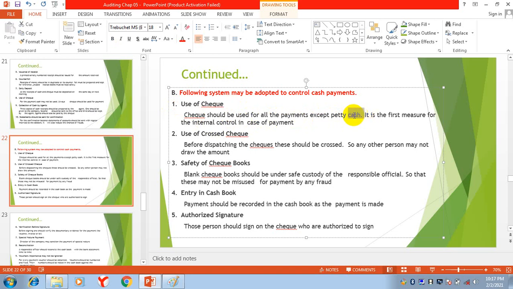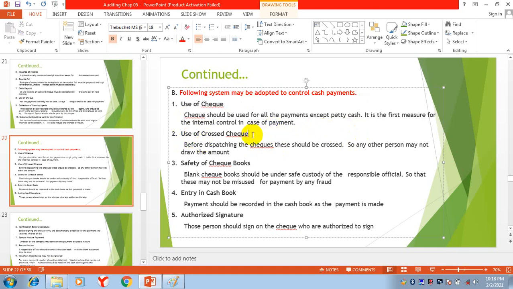For small expenses, like a $1 payment, or 10 or 20 Afghanis, there is no need for a check, so for that we keep a petty cash account. The first measure of internal control for payments is payments through checks. You must make payment through check.